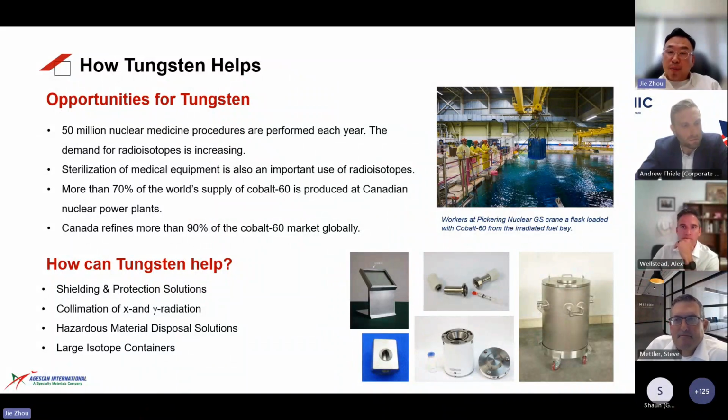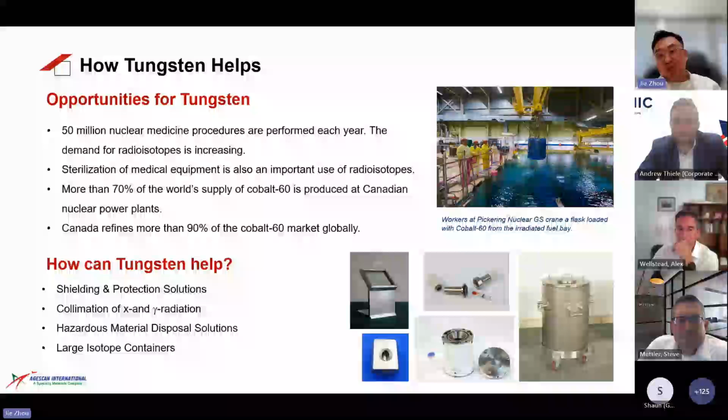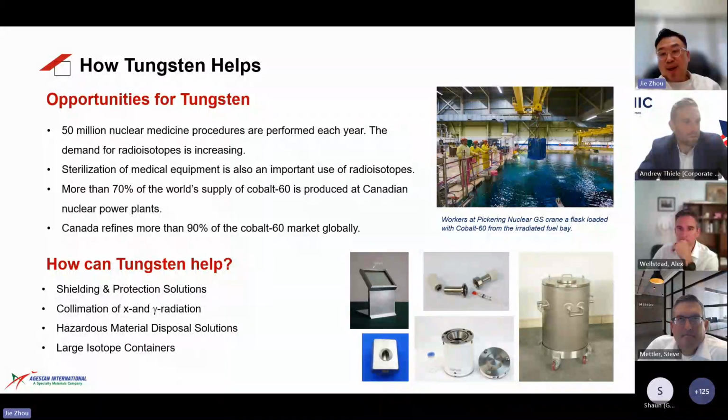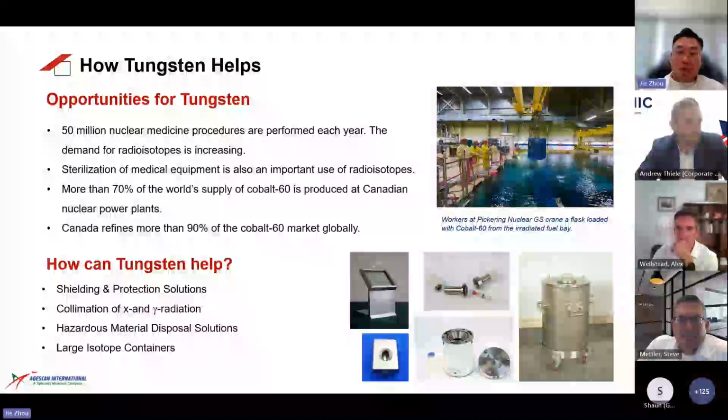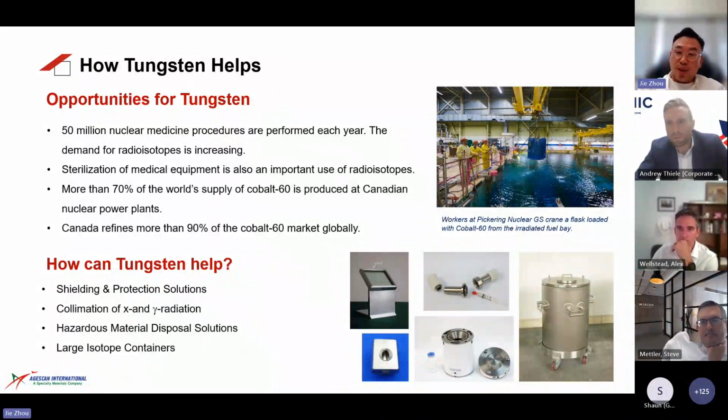In box shielding applications, tungsten products have been used to manufacture many shielding components in the 100 to 1,000 kilo size range. Large isotope containers can be fabricated with complex geometry radiation beam ports using radiation joint construction.